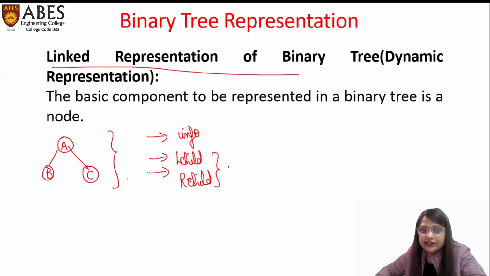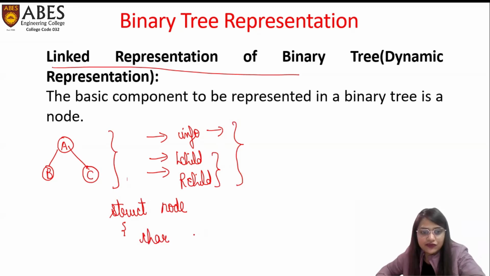These two will be the pointers which will store the left child address and the right child address, and the info will store the node value. For storing and accessing all this information, we have to declare a structure for a corresponding node. In case of a binary tree, the info will be char if we are talking about ABCD, or we can have integer type of information as well.